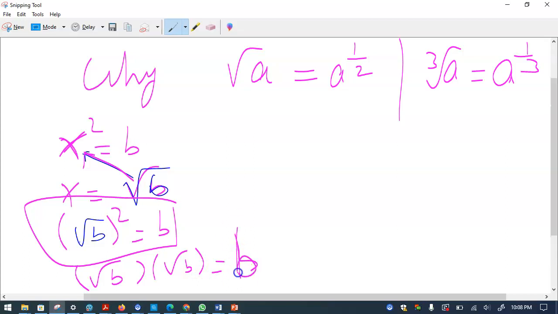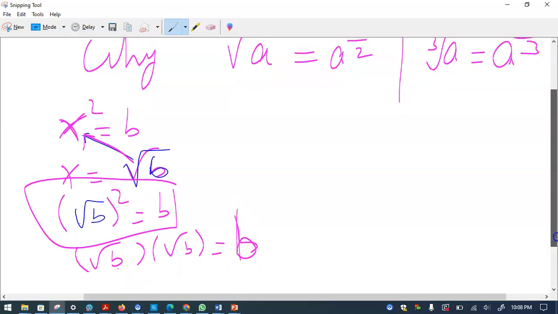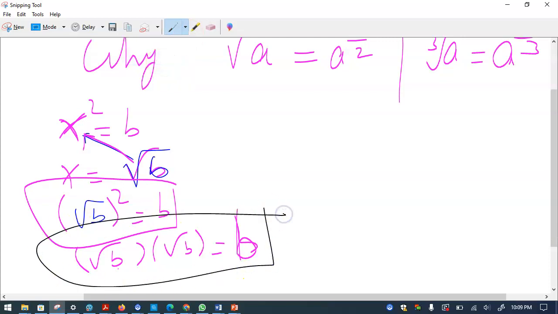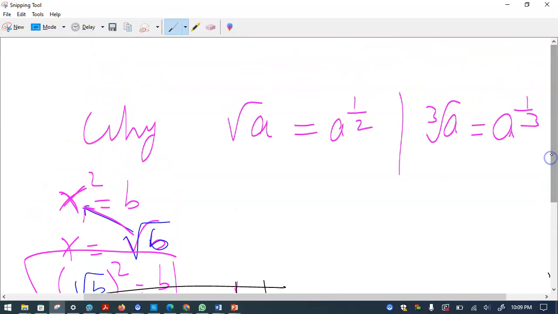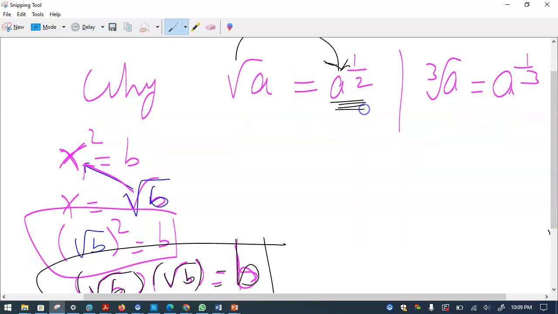This is the important part I want you to check: two square roots of b, if you multiply, give b. Look at this beautiful thing. The square root of b times the square root of b is b. Now why is this correct? All we can do is multiply it by itself.